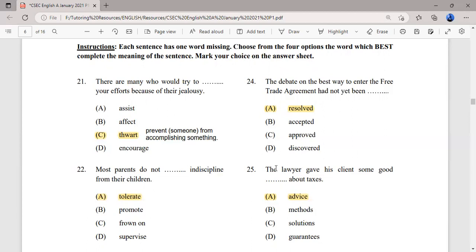So resolved is the best answer because we know that debates are persuasive events. They require persuasive techniques, strategies, etc. So resolved has to be the best thing. But we know that at the end of the debate, the person who has the strongest point, they are the ones who we agree with.